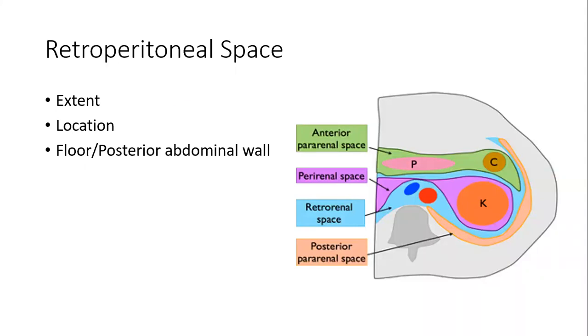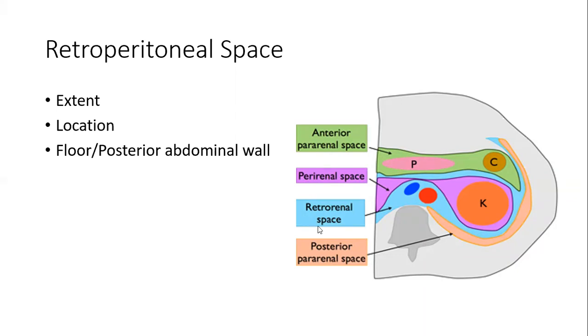And the floor for the retroperitoneal space, also called the posterior abdominal wall in simple words, is formed from medial to lateral by the muscles, which include the psoas muscles, both major and minor. Lateral to it lie the quadratus lumborum and the origin of the transversus abdominis muscle.